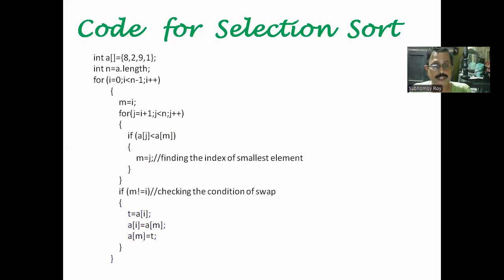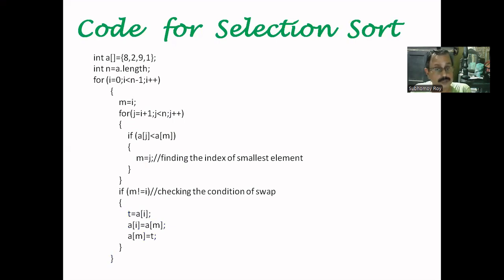We swap them using a third variable t, just like what we did in the case of bubble sort. t equals a[i]. We store the value of a[i] in t. Then a[i] equals a[m]. We are interchanging with a[m] because m has the index of the smallest element. I is the very first cell at the very beginning. So these two elements interchange their positions. This is only the sorting code.